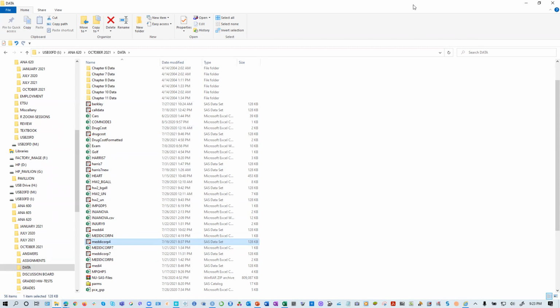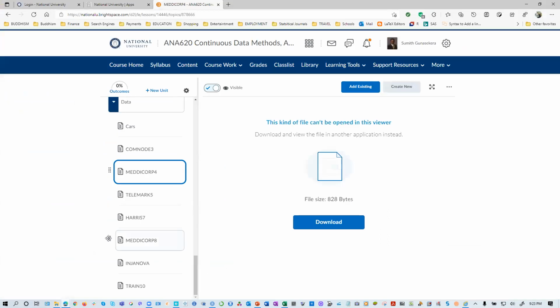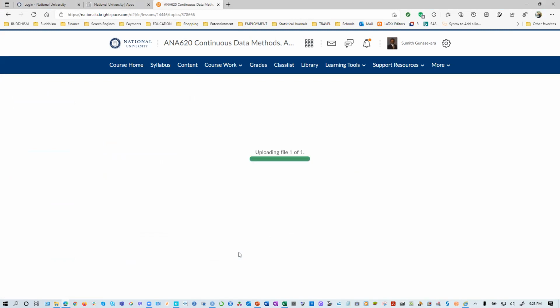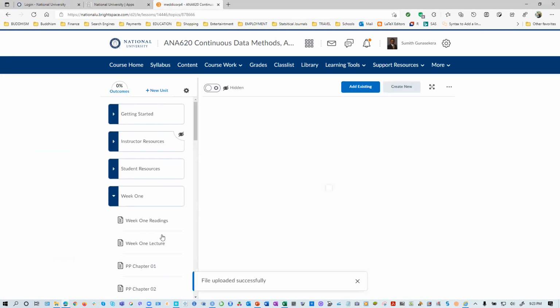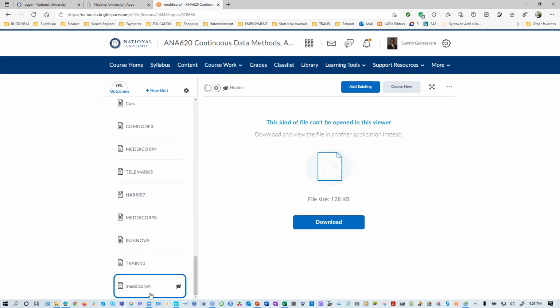So what I'm going to do is open this one, pull this one and drag it over there. Let me see, where is that? See, Medicope 4.